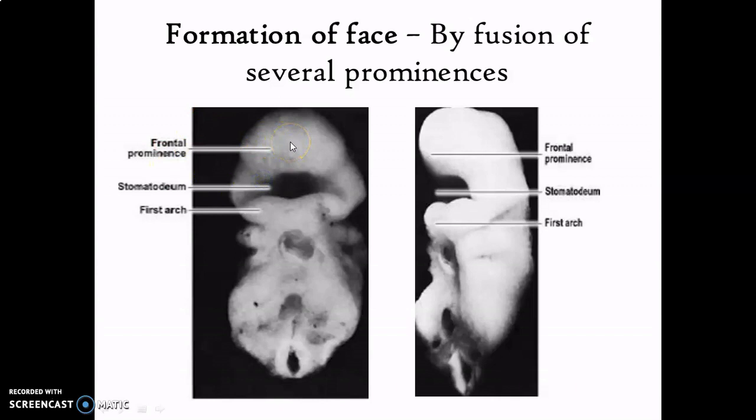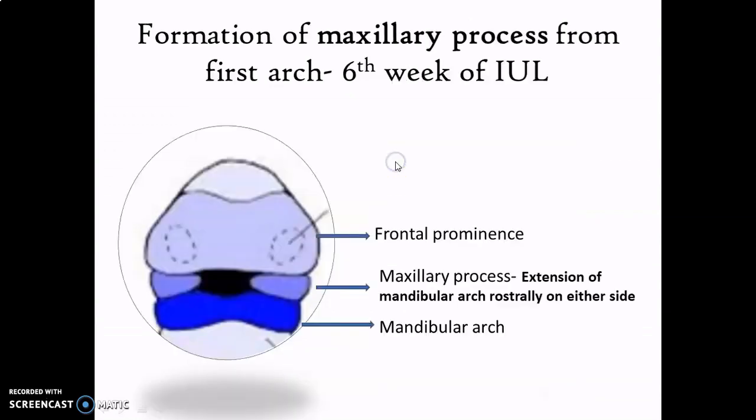The face develops by fusion of several processes or prominences, as I have told you. You can see the stomodium bound above by the frontal prominence, and now below it is bound by the first pharyngeal arch. This is from the frontal view, and in the lateral view also you can appreciate the same features. And now by the 6th week of intrauterine life, there is a rostral extension from the mandibular arch, as you can see here on either side.